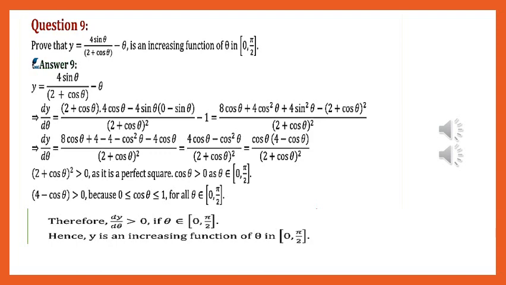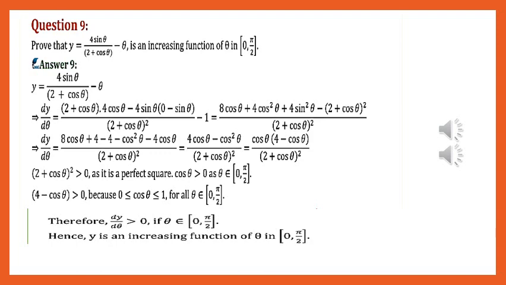Here also we use the quotient rule for 4 sin theta by 2 plus cos theta. So this is denominator, 2 plus cos theta, into derivative of numerator, that is 4 cos theta, minus numerator, 4 sin theta, into derivative of 2 plus cos theta, that is minus sin theta, by 2 plus cos theta the whole square, minus 1, because we are finding the derivative with respect to theta.